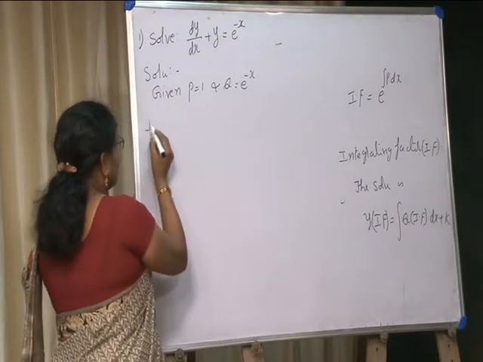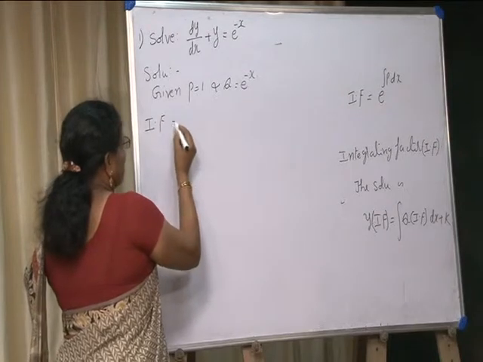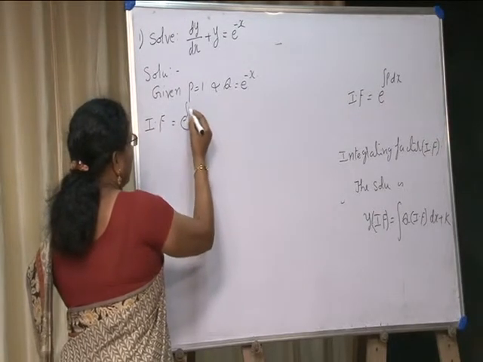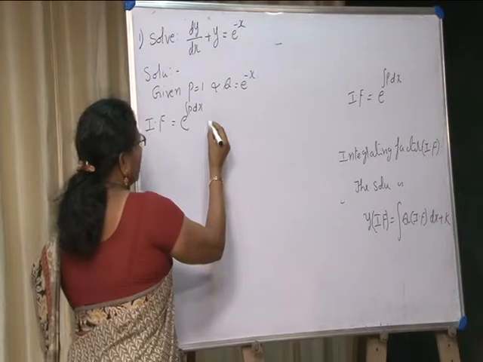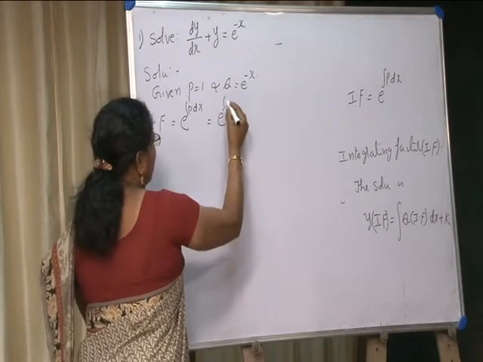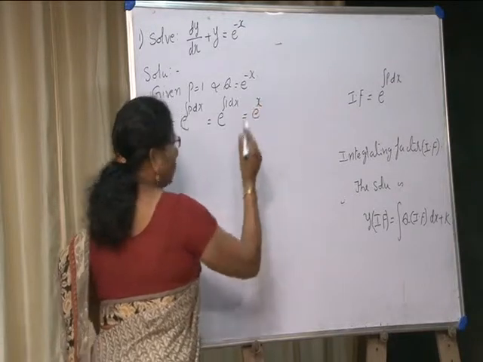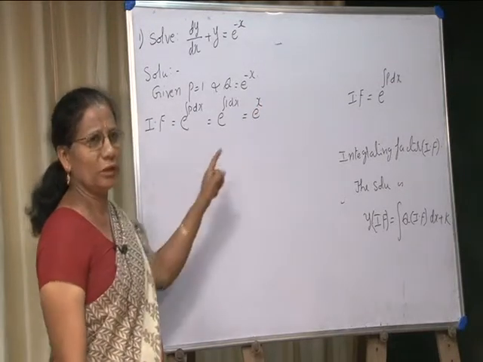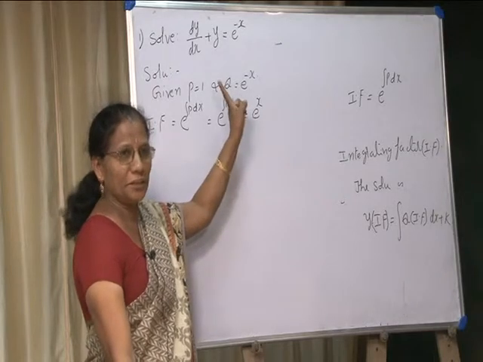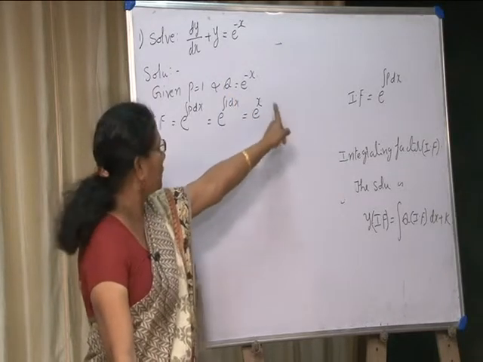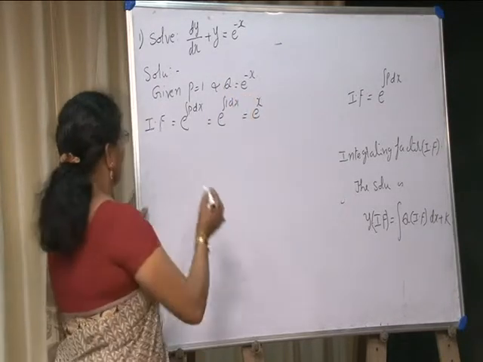Integrating factor is equal to e to the power of integral of p dx, e to the power of integral of 1 with respect to x. Integration of 1 with respect to x is equal to x, so this is equal to e to the power of x.